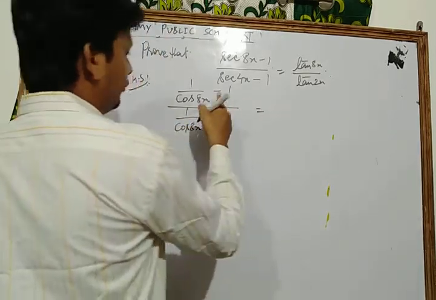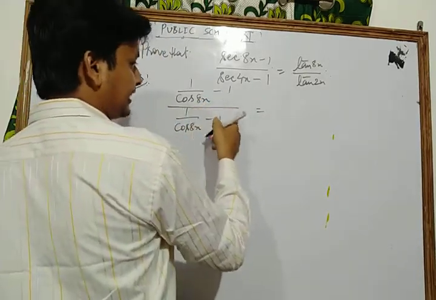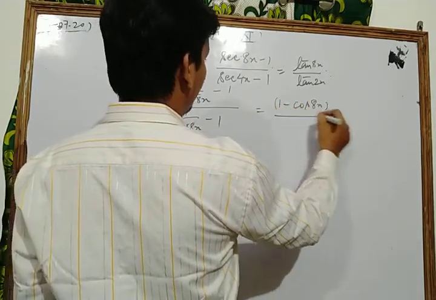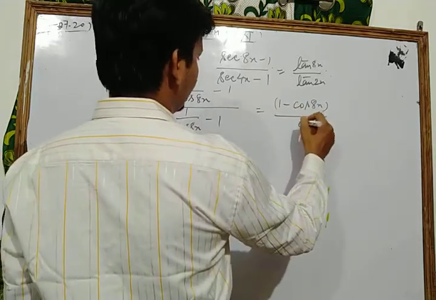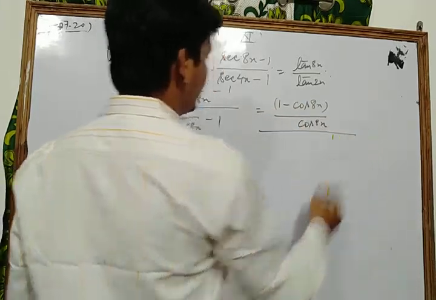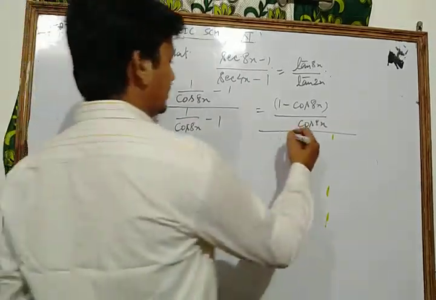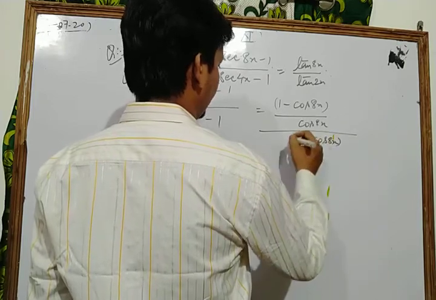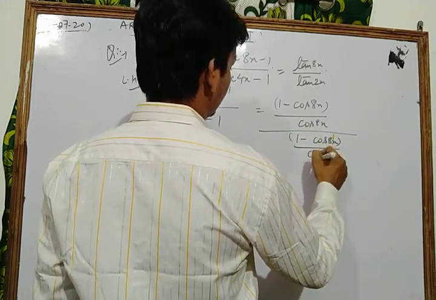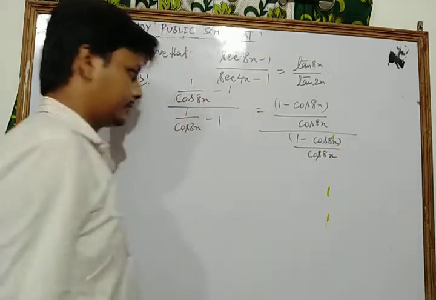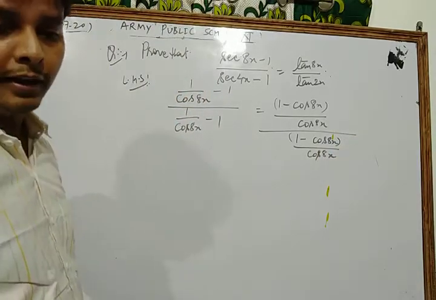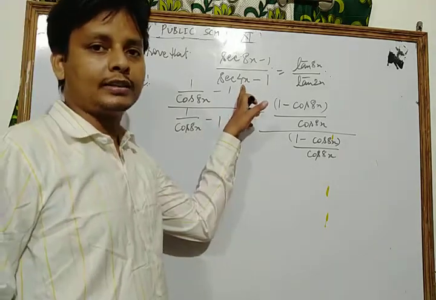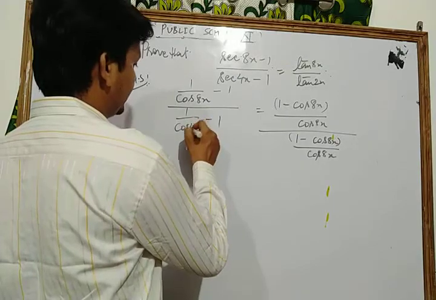If we take cos 8x as LCM, we get 1 minus cos 8x upon cos 8x. And in the denominator, sorry, this is 4x, so we write 4x here.